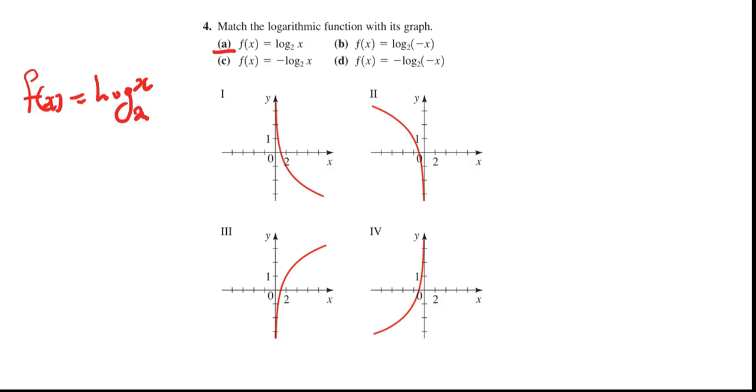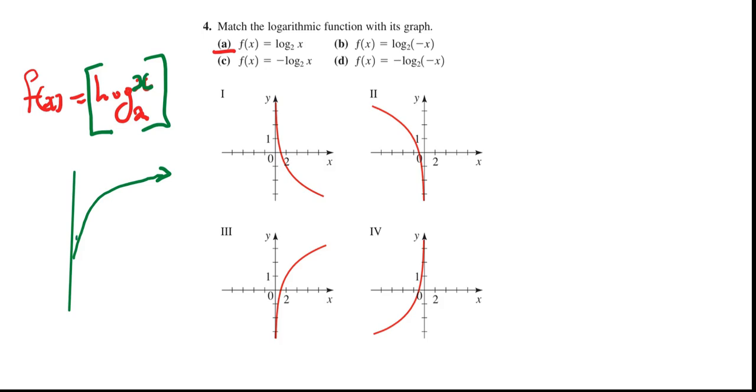So basically, if you have log x to base 2, the graph of this function usually takes this form. The asymptote can be somewhere here.